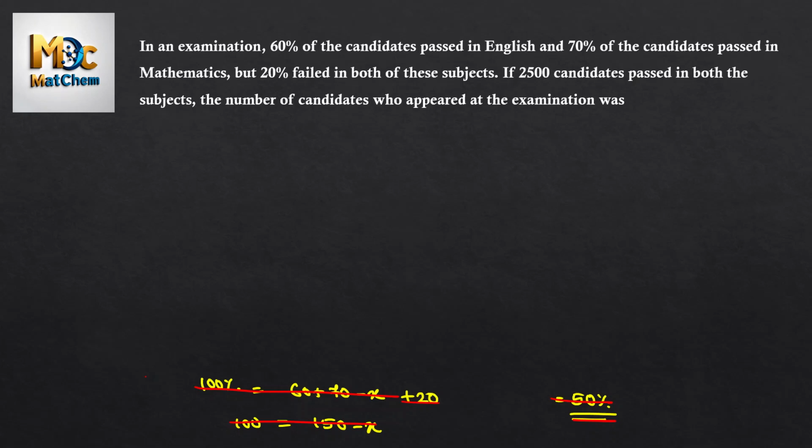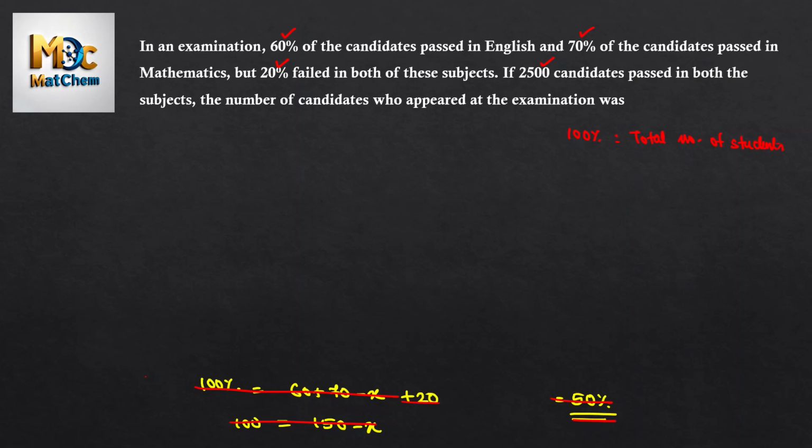So they have given that 60% of students passed in English, 70% passed in mathematics, 20% failed in both the subjects, and 2,500 students passed in both the subjects. Since it is given in percentage, we can understand that 100% corresponds to the total number of students.